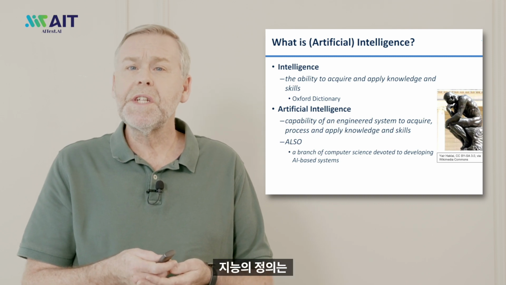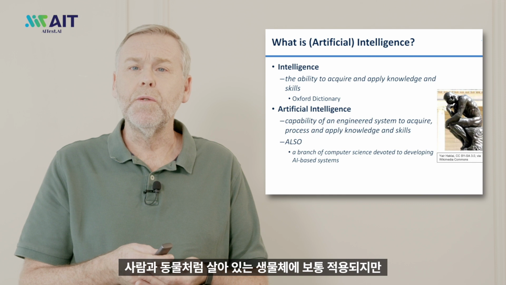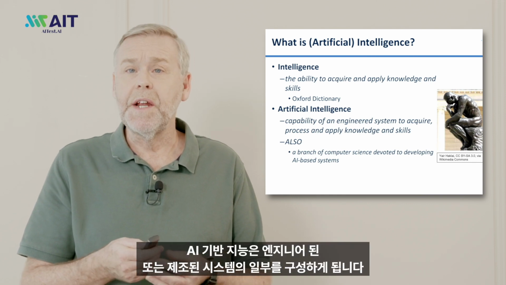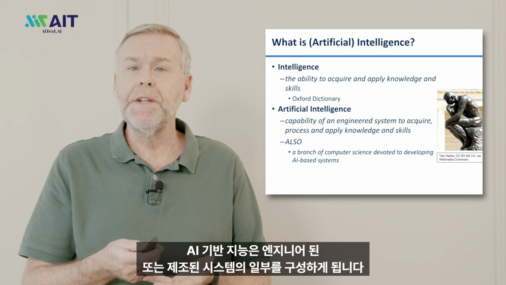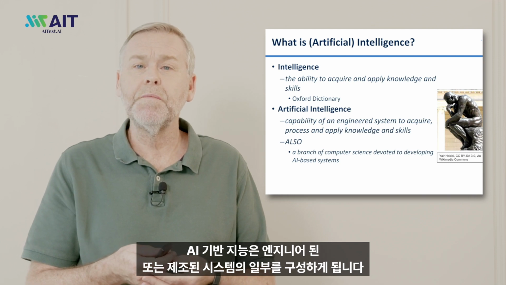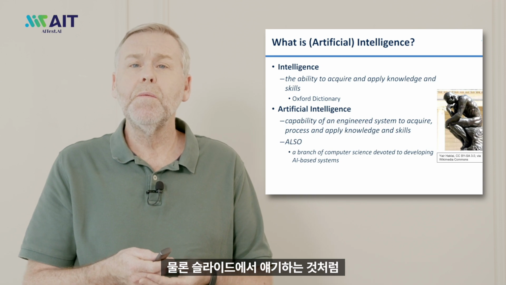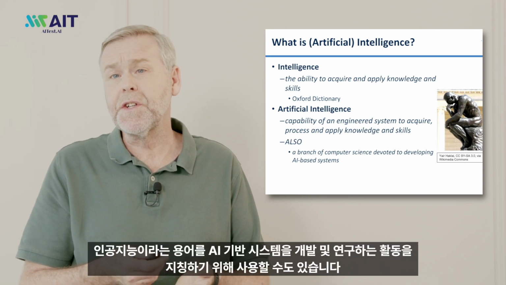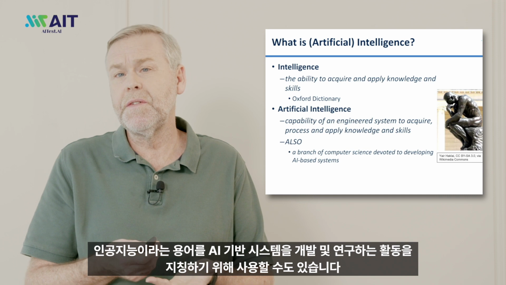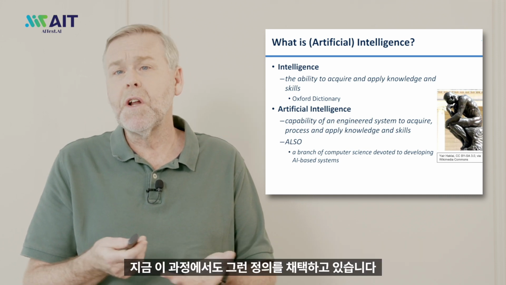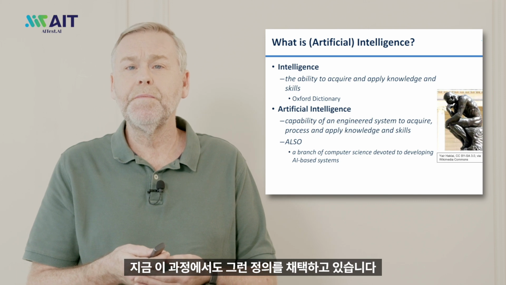The definition of intelligence is normally applied to natural organisms like people and animals, whereas AI-based intelligence forms part of an engineered or manufactured system. Of course, as it says on the slide, we can also use artificial intelligence to refer to the discipline of developing and studying AI-based systems, much like we are doing on this course.